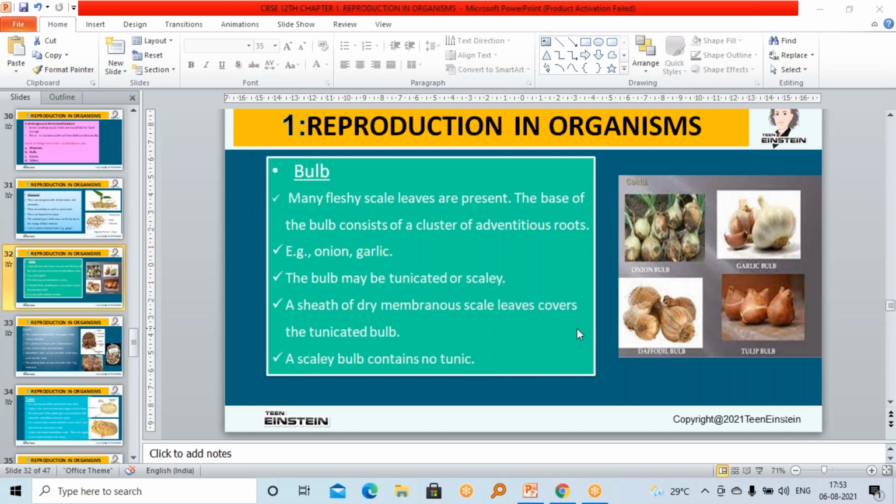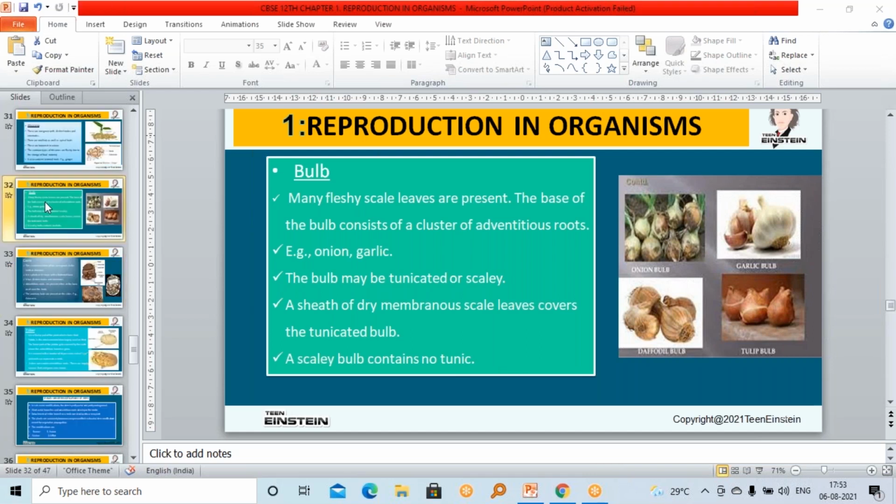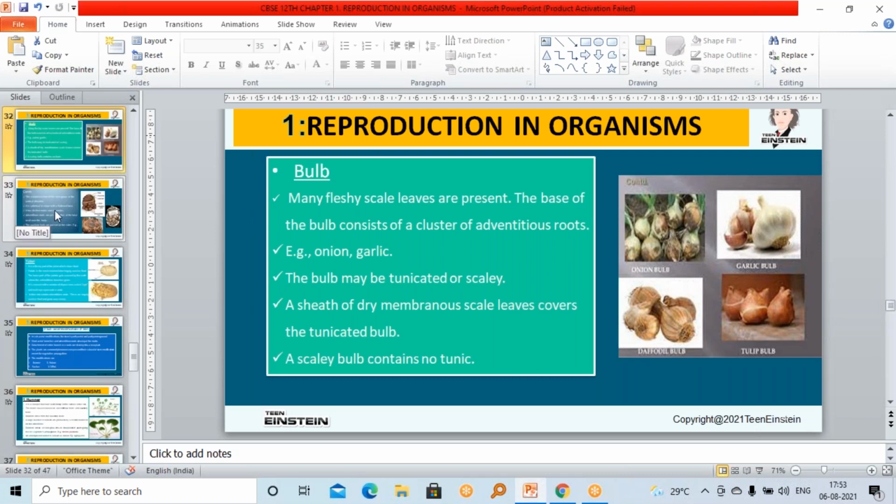But in the case of a scaly bulb, that tunic won't be present. For example, the tulip or the bulb of lily, this covering won't be present. So what is that? In bulb, many fleshy scale leaves are present, and the base of the bulb has a cluster of adventitious roots. Examples: onion and garlic.